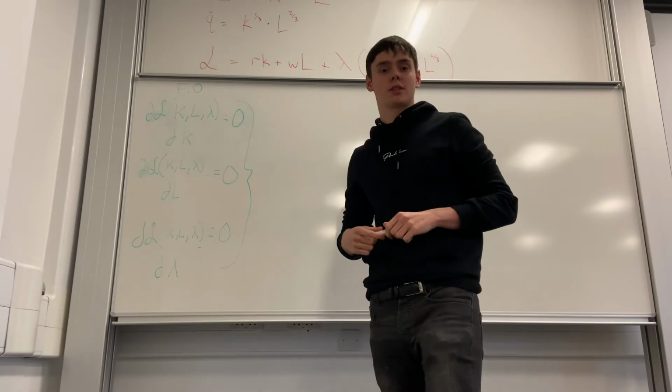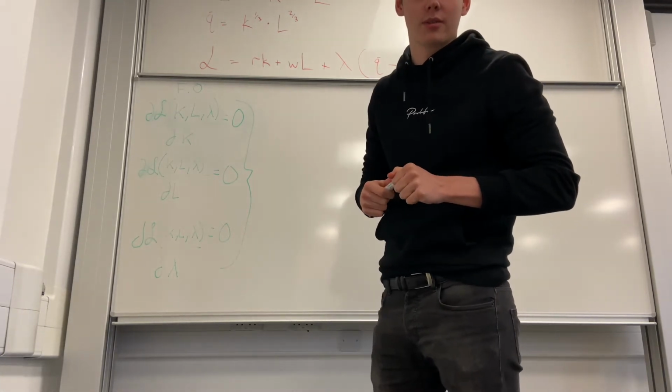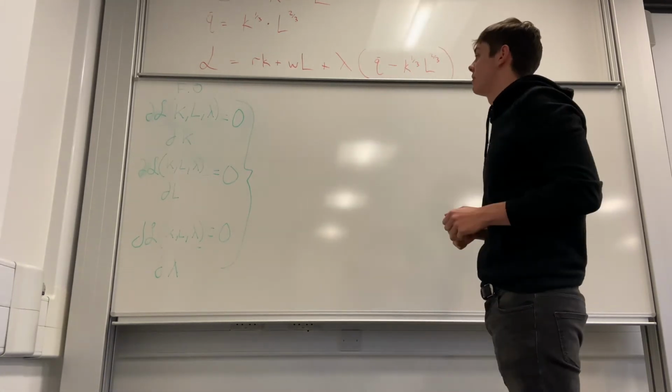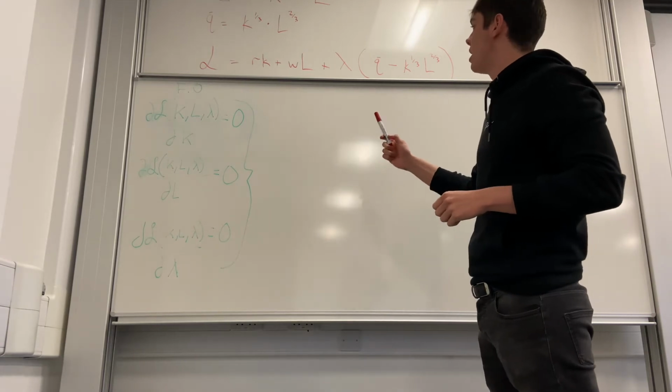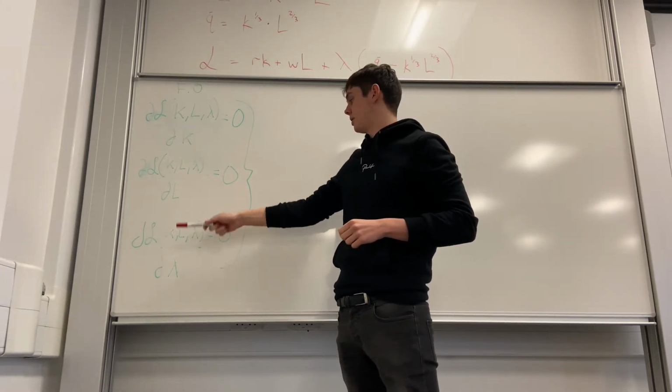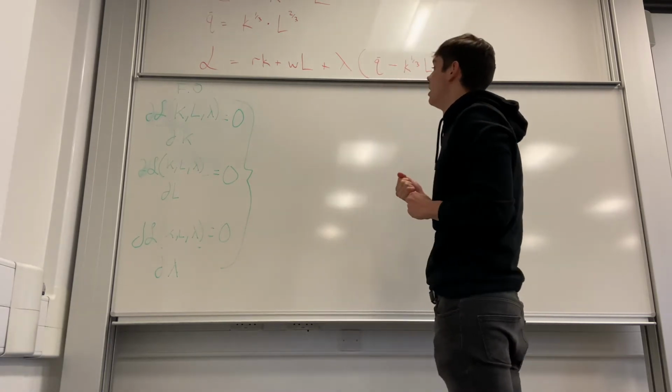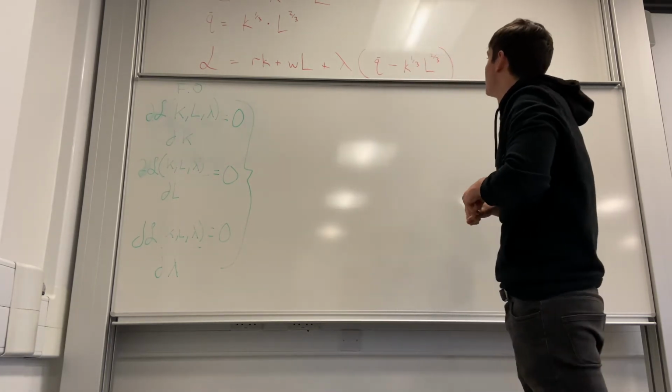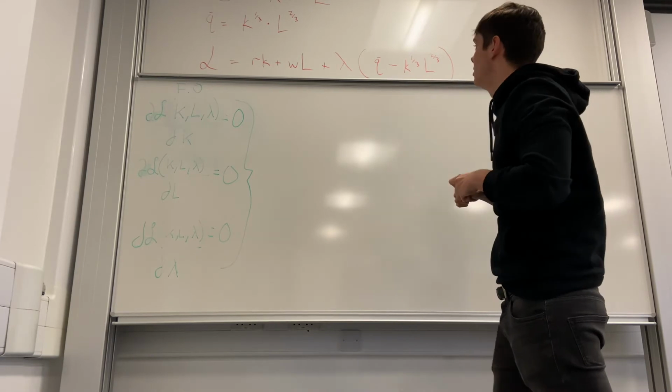Okay, so the second question asks us to find the input demand functions. To find the input demand functions, we first find the partial derivative of the Lagrangian with respect to K, which is capital, then labor, then lambda. So we start by partial deriving this with respect to capital.